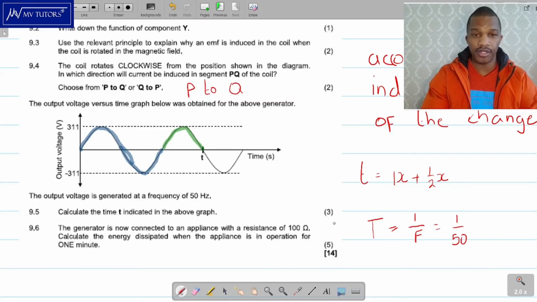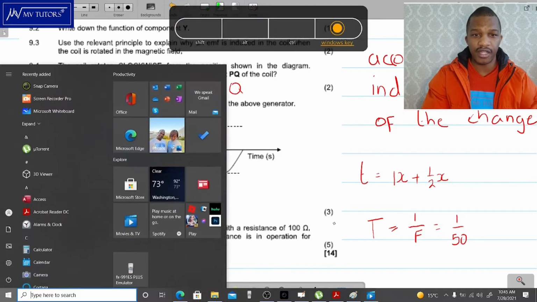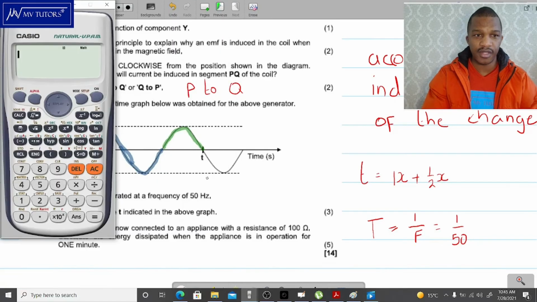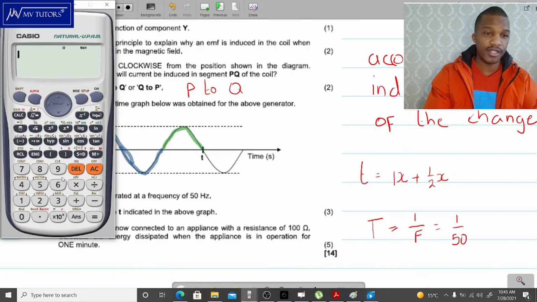So I just need to come out of here and fetch my calculator. Where's my calculator? There you are. Okay, so there's our calculator. It looks exactly like the one you are using. You should be using this calculator in high school, in metric. So we have 1 divided by 50.